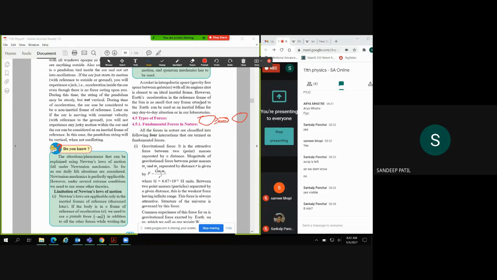However, Earth's acceleration in the reference frame of the sun is so small that any frame attached to the Earth can be used as an inertial frame for any day-to-day situation in our laboratories. So this is considered the ideal frame, and for day-to-day life we can consider the Earth's acceleration in the reference frame of the sun. We know that there is the sun and there is the small Earth, right? This is the sun.